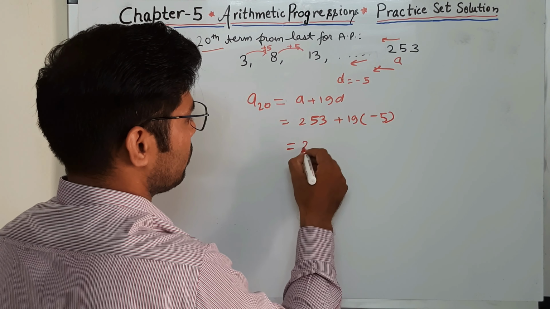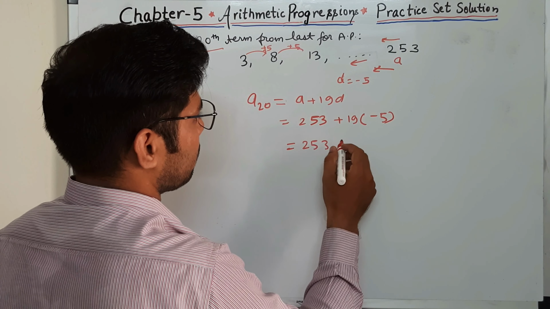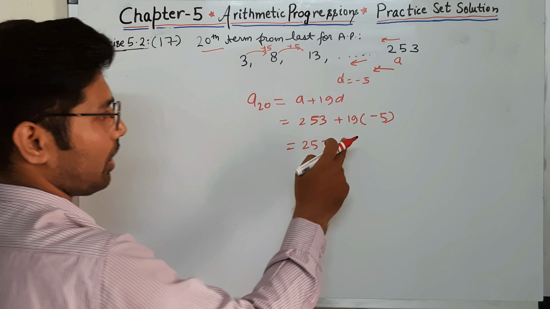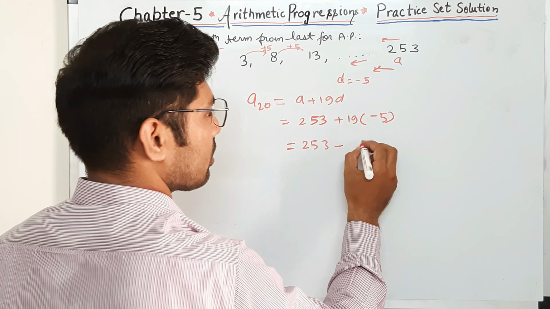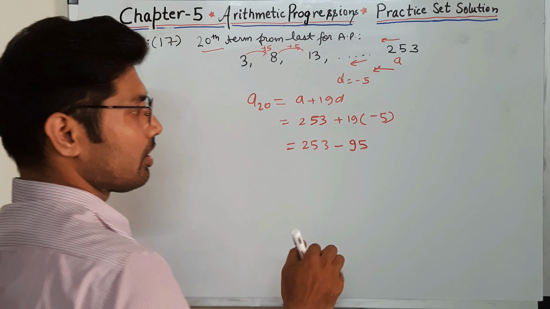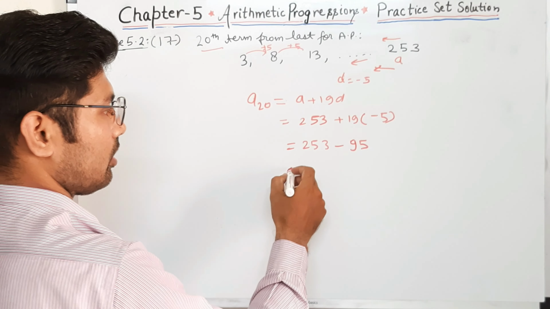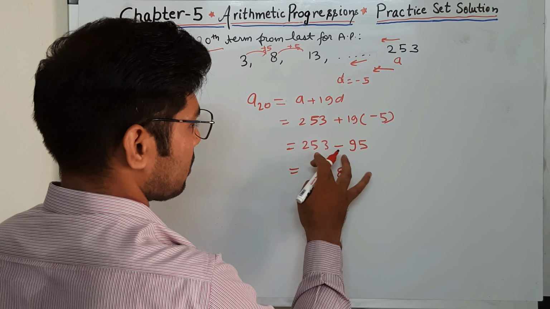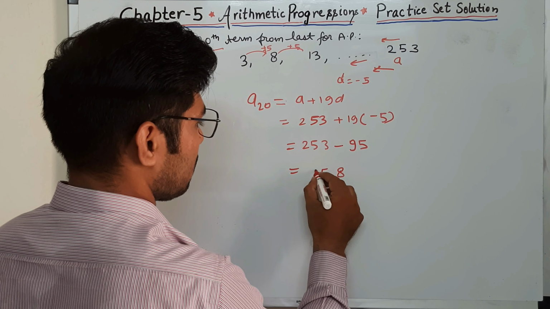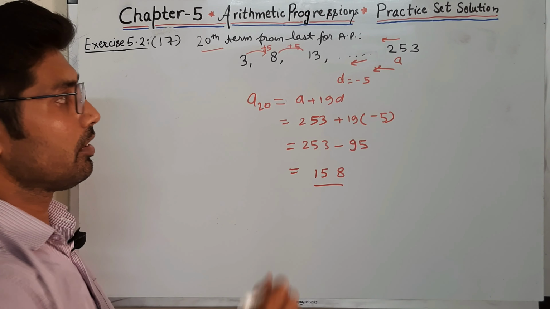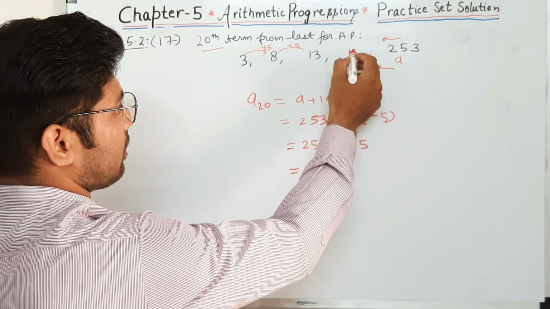Okay, 253 plus minus, 19 into 5 will be 95, right? It will be 253 minus 95, which is 158. So the 20th term from this direction will be 158, which will lie somewhere here.